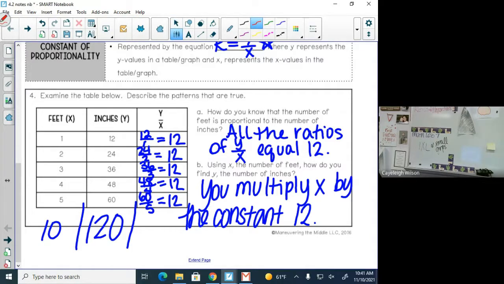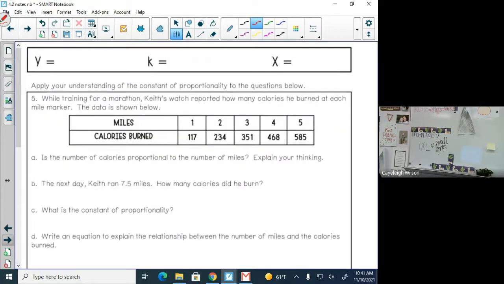All right, everyone, flip it over. All right, so when we were talking about Y, we're talking about the Y values. When we talk about X, we're talking about the X values. And the K is that constant of proportionality.